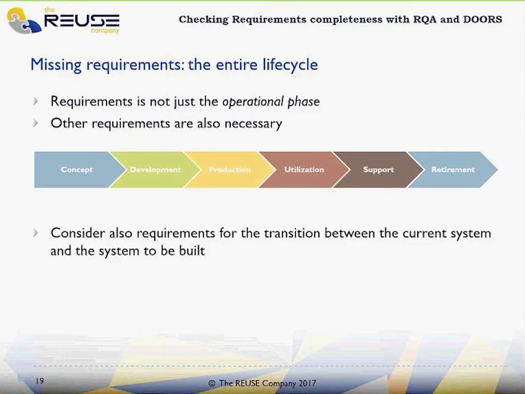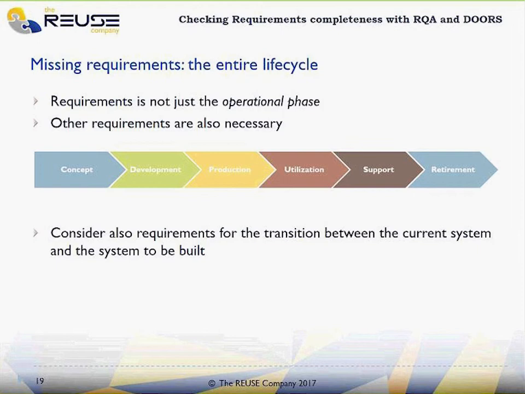Regarding the life cycle, it happens pretty much the same. Most of the time our requirements are focused on how our users will be using the system. However, we skip somehow requirements for the support area, or requirements even for the retirement.